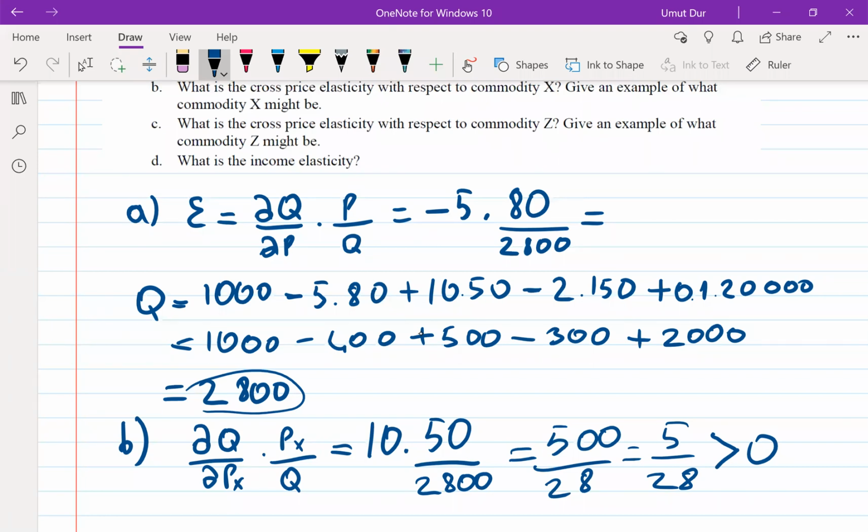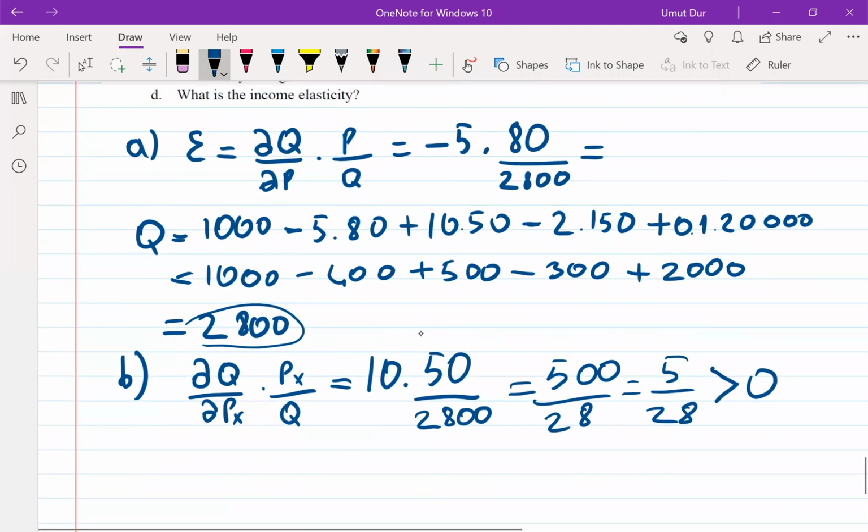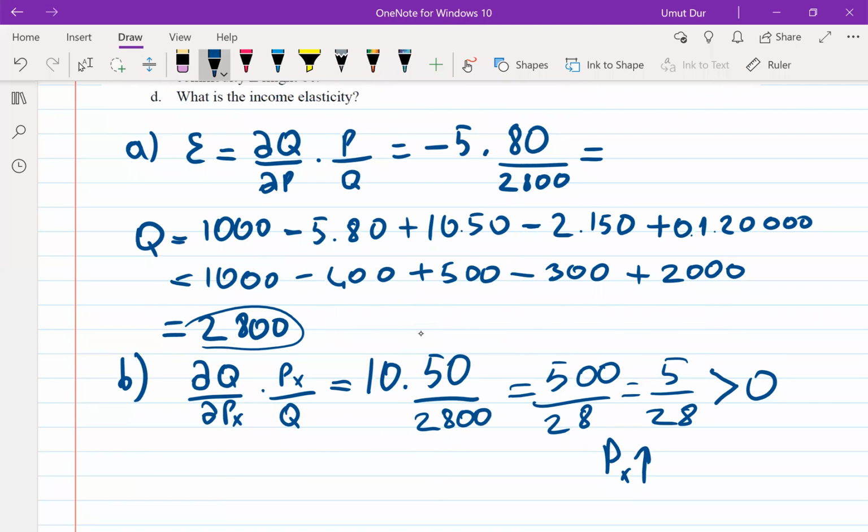What does it mean? If Px increases, quantity demanded will also increase.